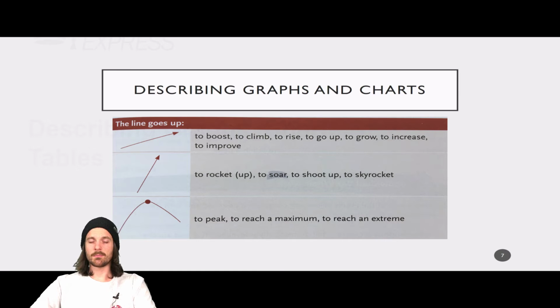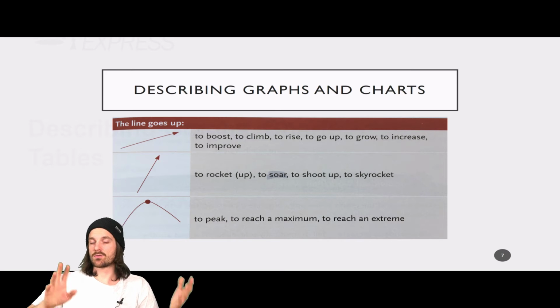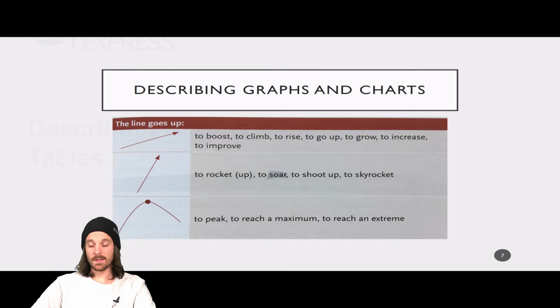So remember, maybe a few of these words might be good. If the line goes up in a more extreme way, you can use terms such as rocket, soar, skyrocket, shoot up.